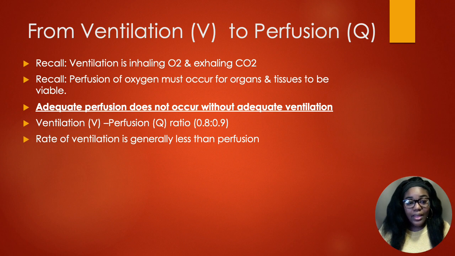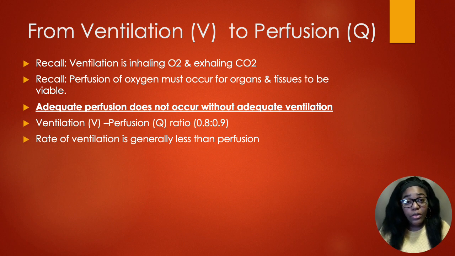And recall that in order to perfuse the body, you have to have adequate ventilation, because that's the process by which you're getting oxygen. So we do look at a ratio called the VQ ratio, V for ventilation, Q for perfusion, respectively. And this ratio generally tells us how well the body is perfusing, or if the ratios are generally where they are supposed to be.